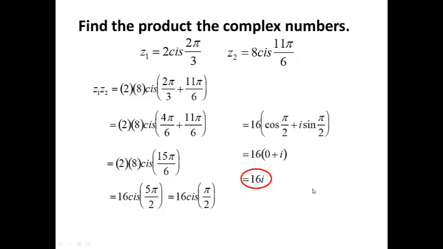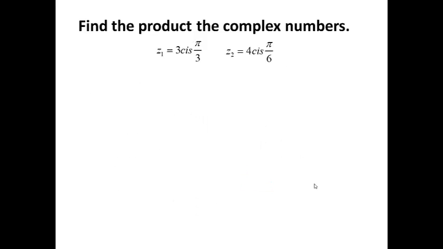Okay. All right. You try to do this one. You find the product. Come back and see if you did that right. All right. I'm multiplying, so I'm going to multiply z1 times z2, which will be r1 times r2. So that's 12. I'm going to add these two angles.